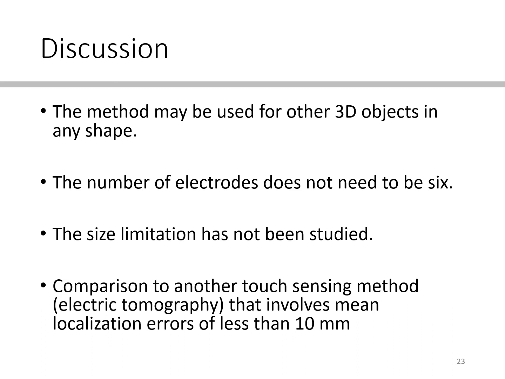However, the minimum number of electrodes still needs to be researched. The size limitation was not tested in our study and has to be studied in the future. Our method is comparable to another touch sensing method, such as electric tomography, that involves mean localization errors of less than 10 mm.